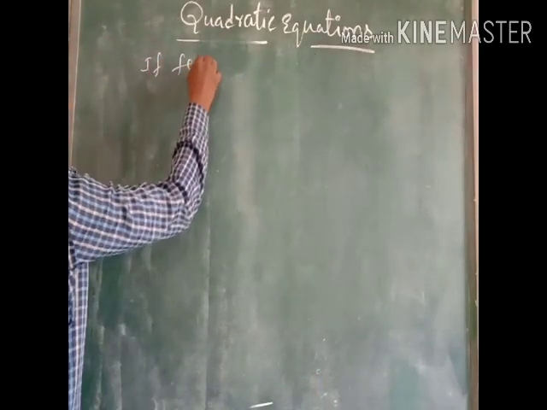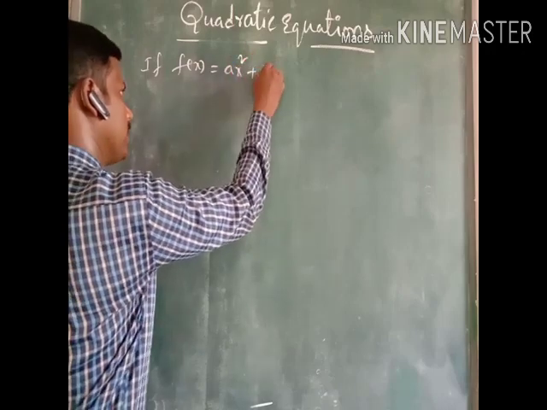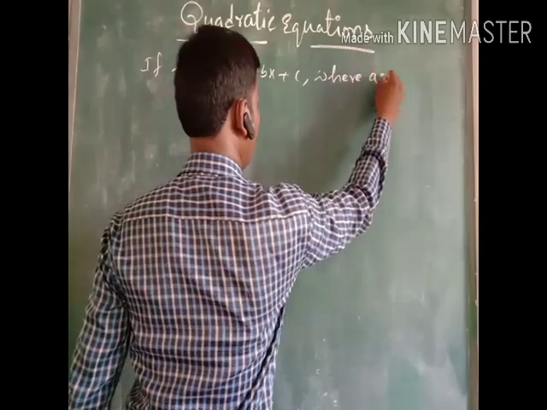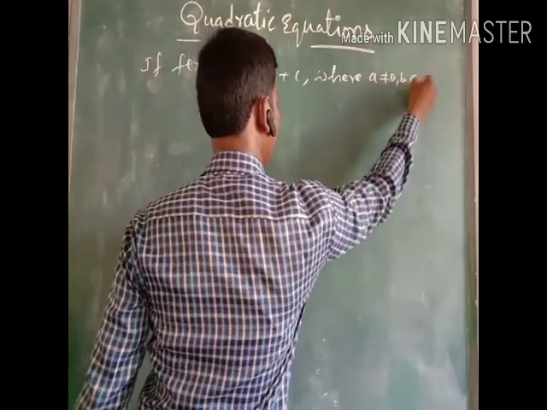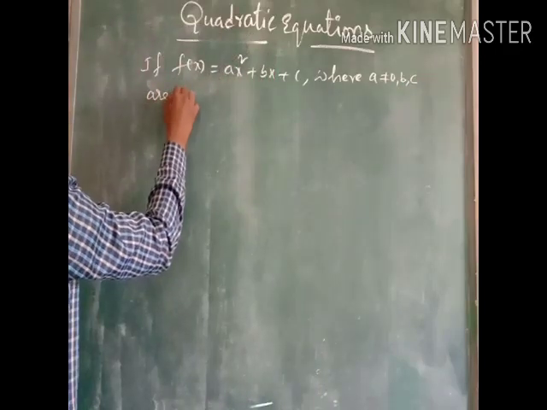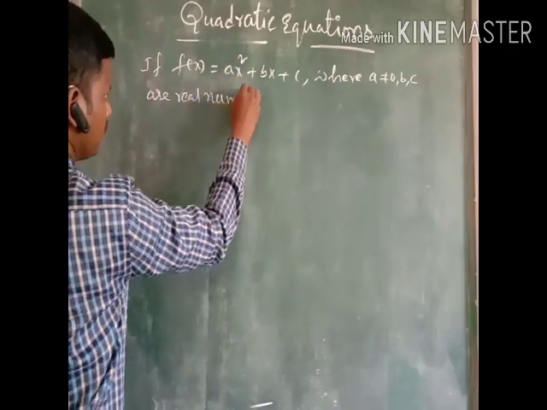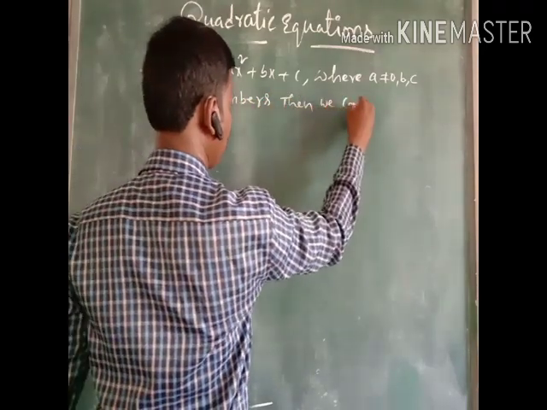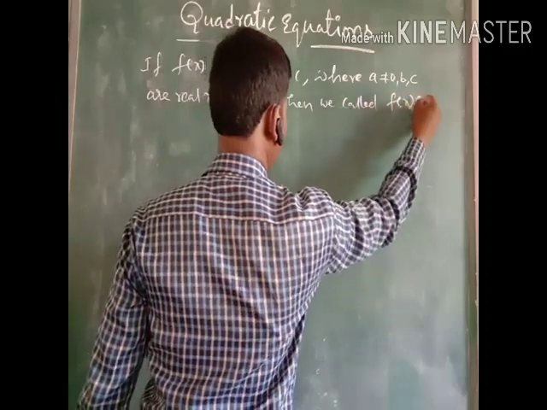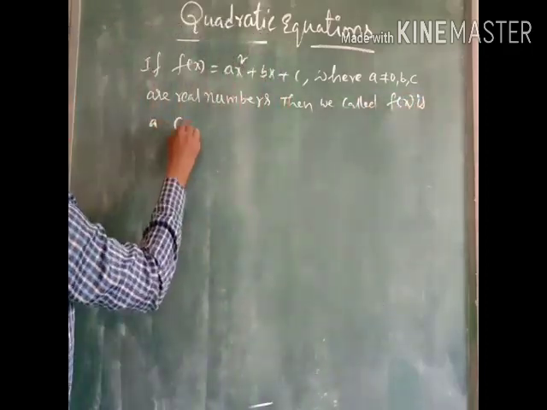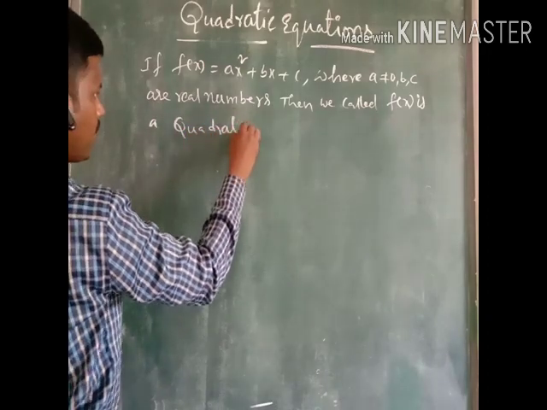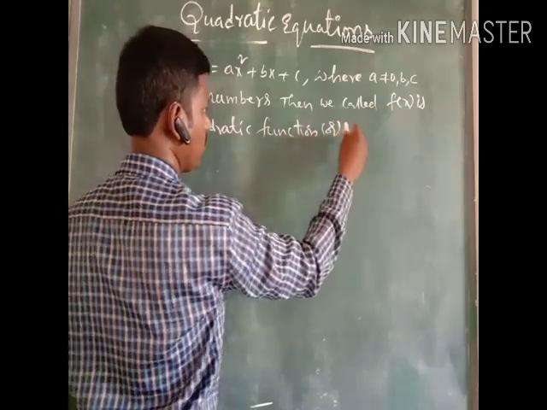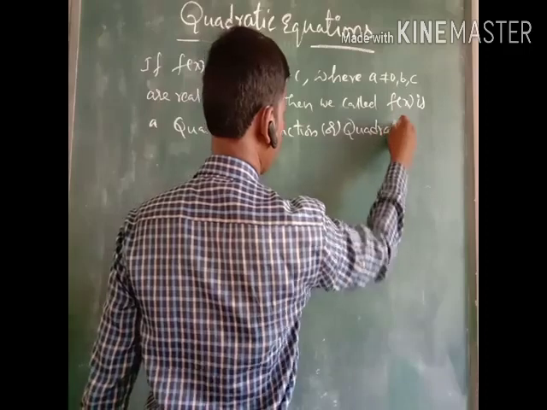If f of x equals ax square plus bx plus c, where a is not equal to 0 and a, b, c are real numbers, then we call f of x a quadratic function or quadratic polynomial.